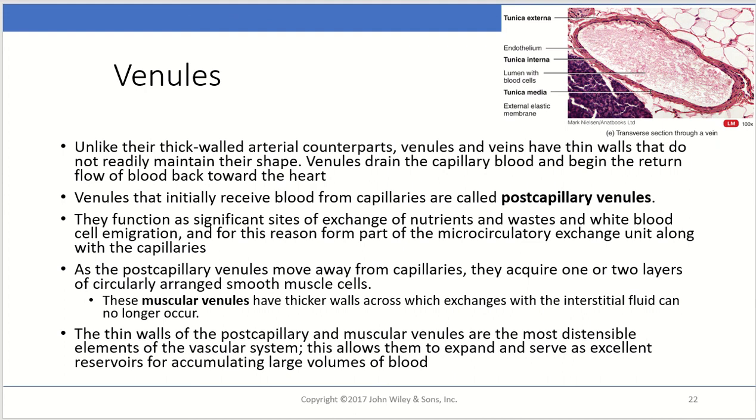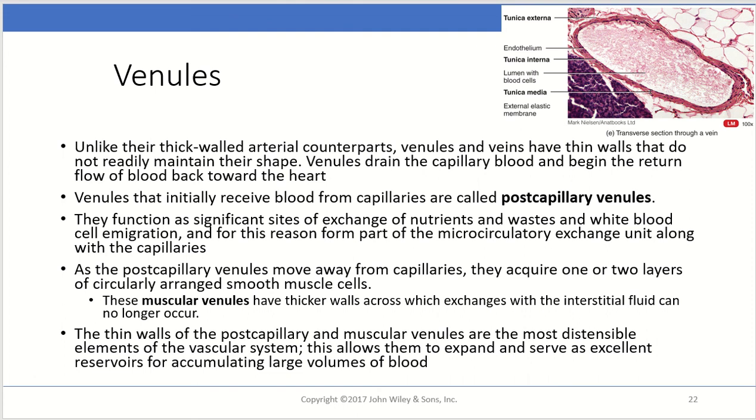The next type of vessel that we're going to discuss are the venules. Unlike their thick-walled arterial counterparts, venules and veins have very thin walls that do not readily maintain their shape. Venules drain the capillary blood and begin the return trip of blood back towards the heart.